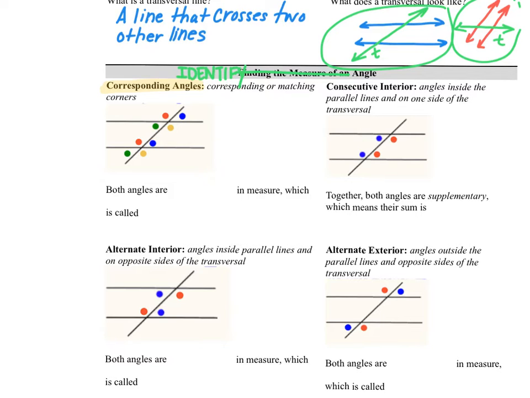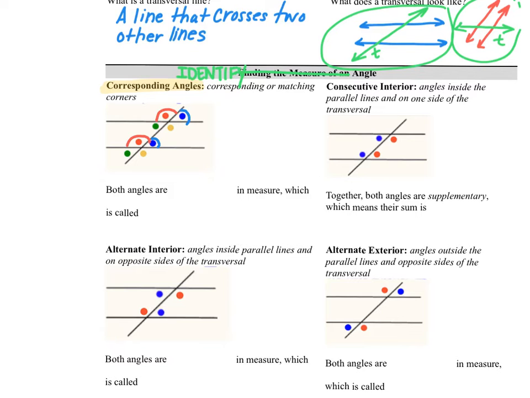In fact, let me do that in blue just so that you can see a little bit more clearly. This angle here and this angle here are what we call corresponding angles. They're in the same corner, just a different place. If you see another set of corresponding angles, here's one in this corner and here's one in this corner. So they're in the same corresponding place.